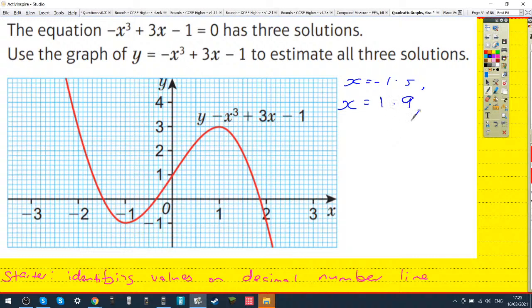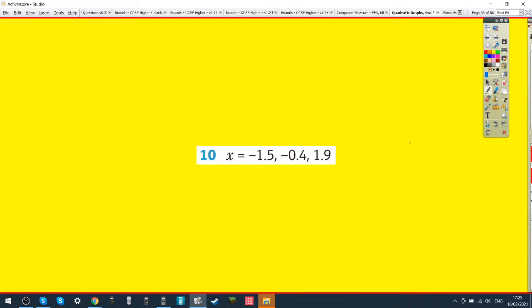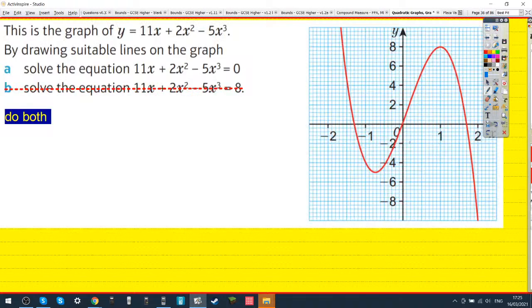Alright. And then the other one? 0.8. So minus 0.8 is like here. Oh, sorry, I get mixed up. Minus 0.3. Looks good. Yep, it's good. Okay, how about these?